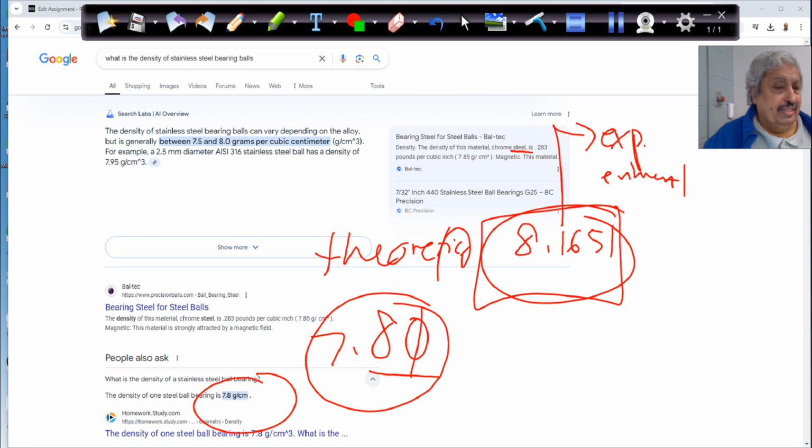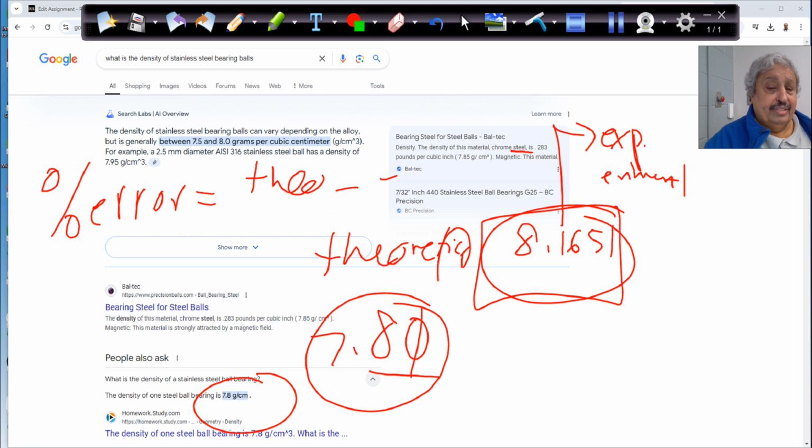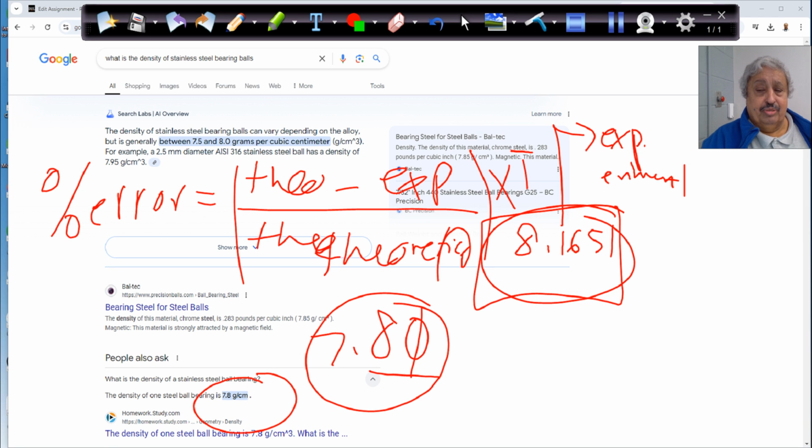Let's do a percentage error. Somebody tell me the formula of percentage error? Theoretical minus experimental, divided by the theoretical, multiplied by 100, absolute value.